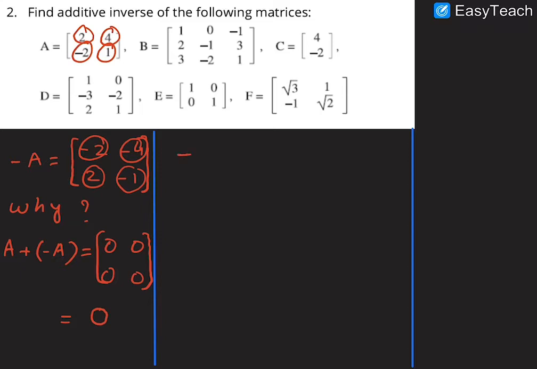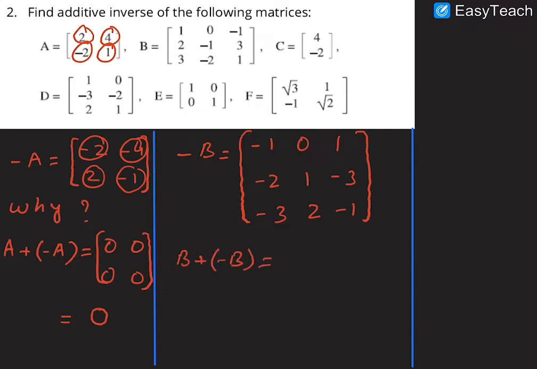Similarly, B, what will be minus B? Just change the sign of non-zero elements. Minus 1 will be plus 1. So minus 2, 1, negative 3, minus 3, plus 2 and minus 1. So I change the sign of all elements of B. So this minus B is called the additive inverse of B. The reason is B plus minus B will be equal to minus 1 plus 1 is 0, 0 plus 0, 0.